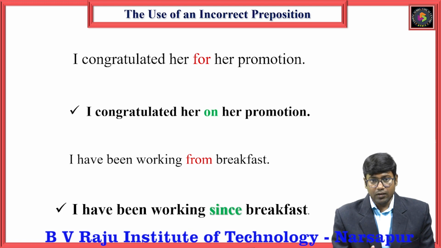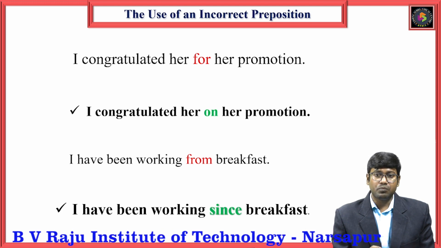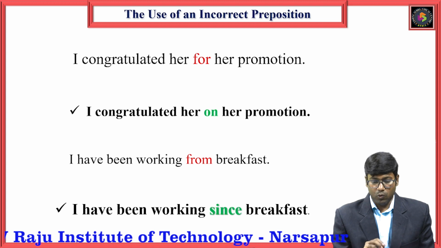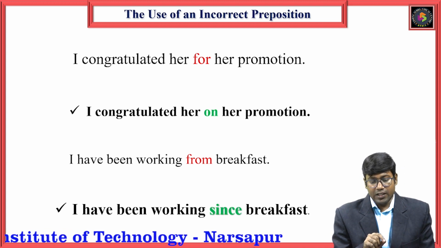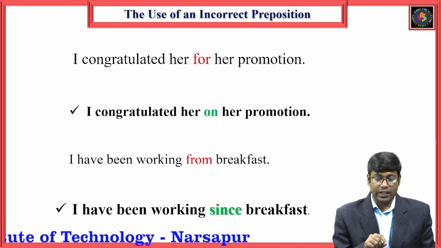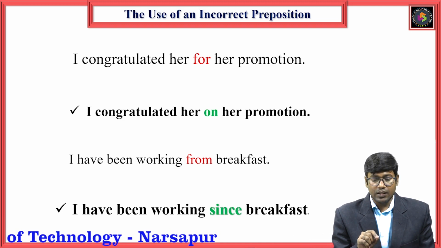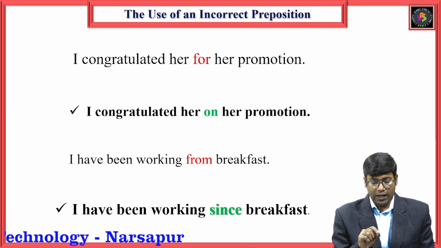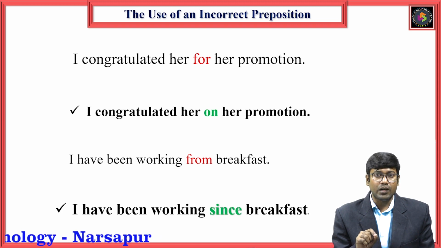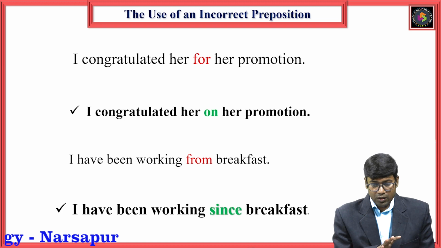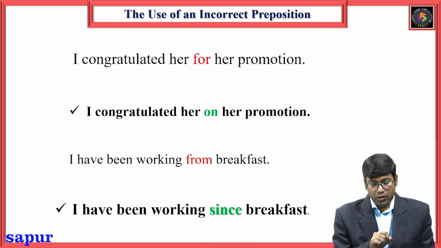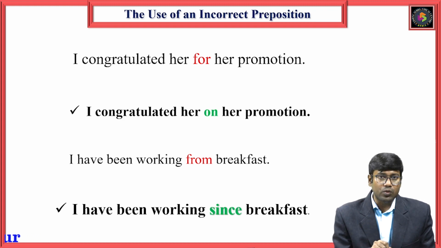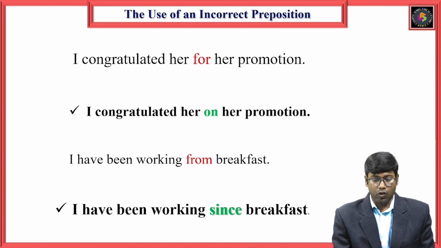That is the confusion that students often face, where should be since and where should be for. Now you can understand this sentence, I have been working since breakfast. This sentence is an example of present perfect continuous tense. So in the present perfect continuous tense, we should use either since or for, not from.